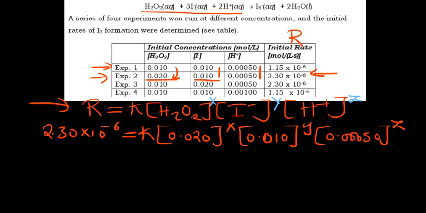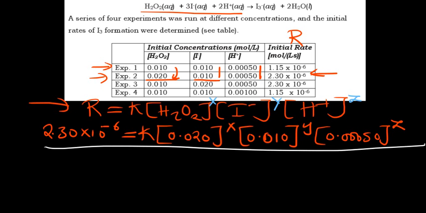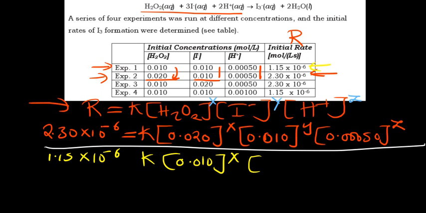So we'll divide by the first one. Now for the first one, the rate there was 1.15 times 10 to the power negative 6. We had k, and then we have 0.010 to the power x. Everything else on the other hand was the same. So the idea why we wanted to get the things that are the same is that they can divide and cancel out, right?